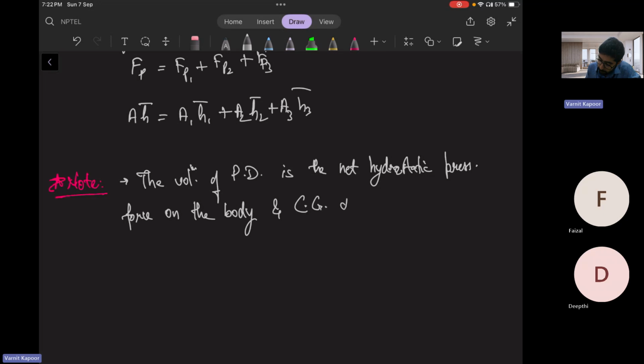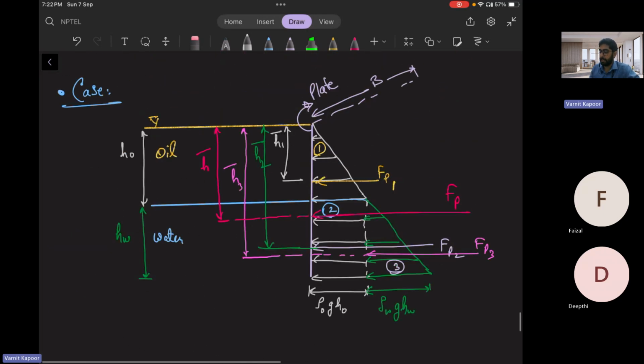And CG of the pressure diagram, I'm saying, of pressure diagram is center of pressure. Okay. Center of gravity for the pressure, suppose this is your pressure diagram. Center of gravity is center of pressure for this.